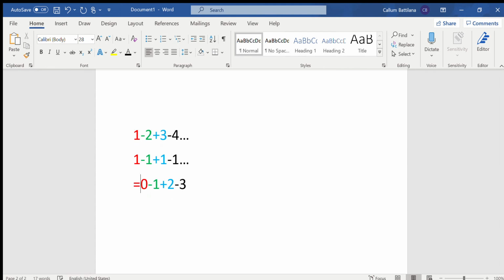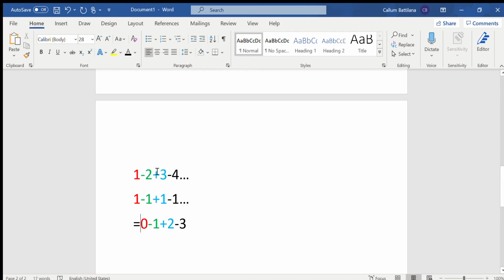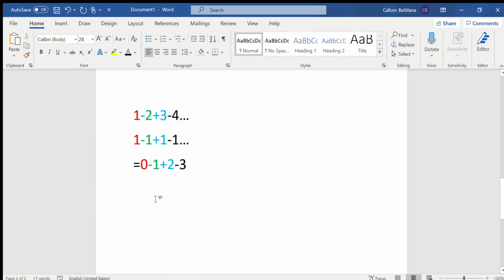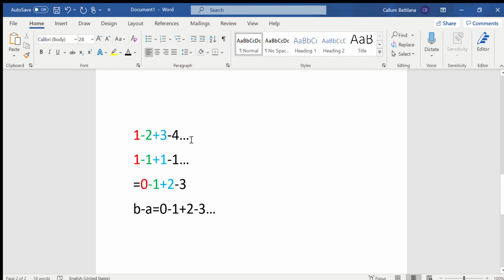So that's going to be our total sum when we subtract. So this is subtracting the alpha series from beta, so beta series from alpha. So we have beta minus alpha being equal to 0 minus 1 plus 2 minus 3 and on. And you'll notice the beta series is 1 minus 2 plus 3.